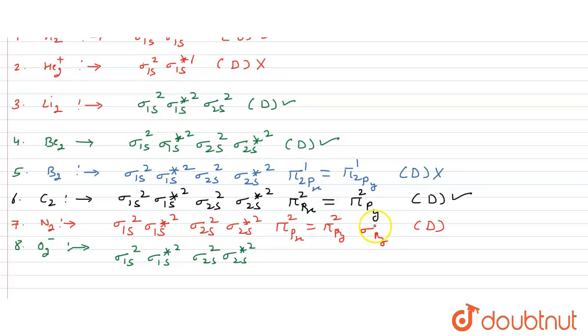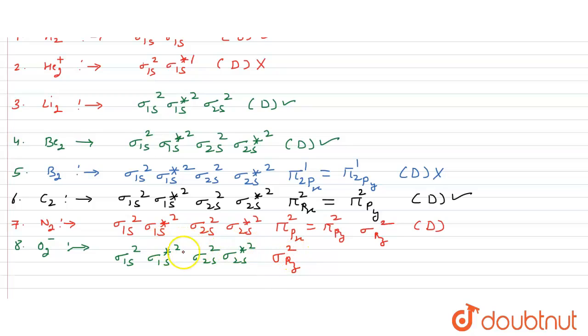So I can write here this is sigma pz because the pz orbital forms a sigma bond, right? Because Z axis is considered to be the internuclear axis, and this will form a sigma bond. This sigma pz will occupy 2 electrons, right?